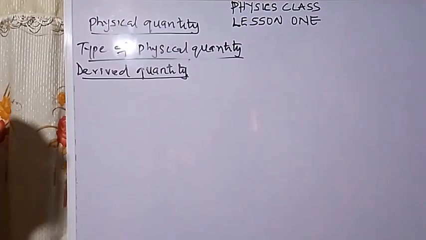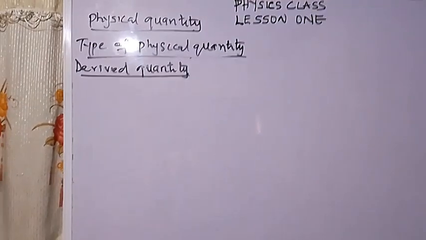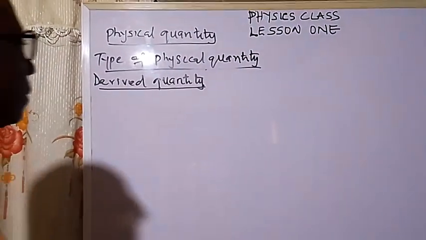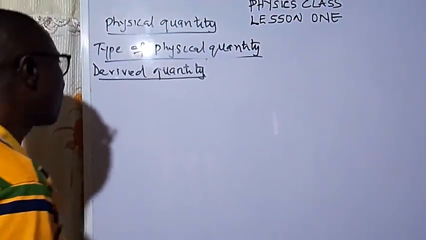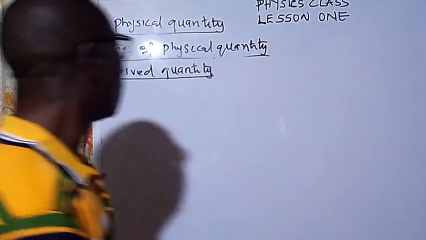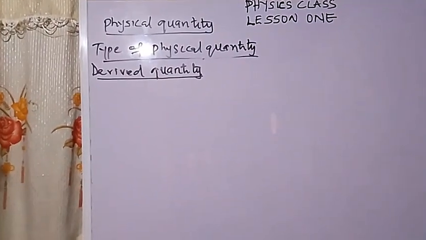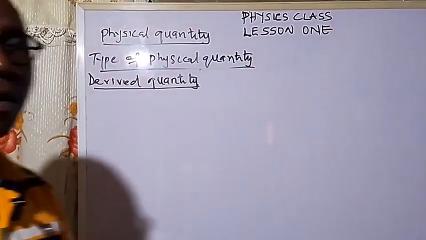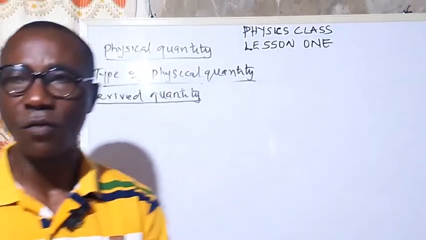Next is derived quantity. Derived quantities are those quantities that are being derived from a combination of two or more fundamental quantities.